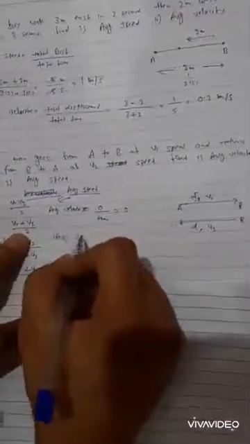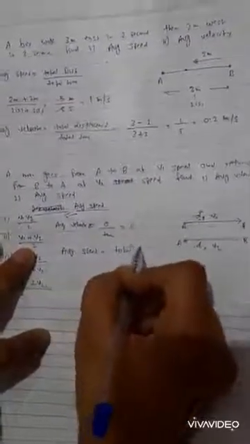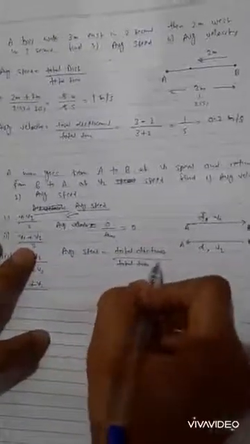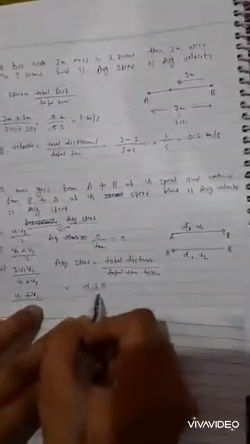But if we talk about average speed, it is total distance by total time taken. So the total distance will be A to B is D and B to A is also D. So D plus D is the total distance.